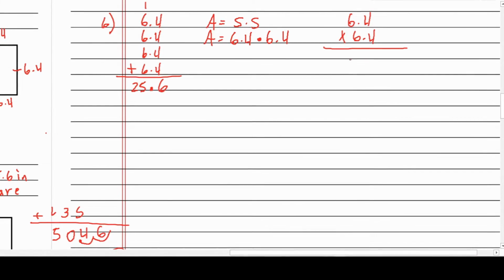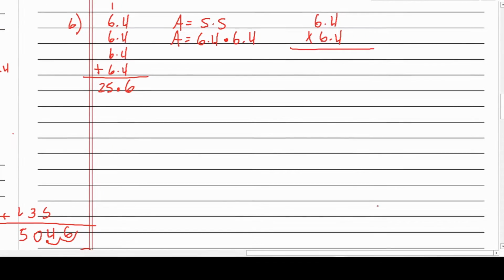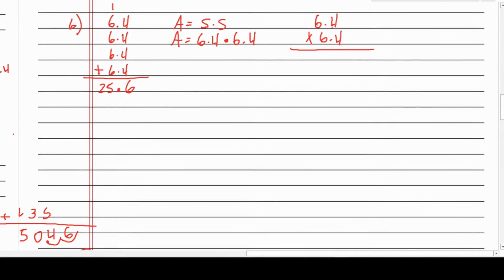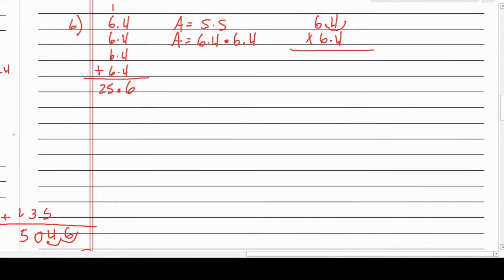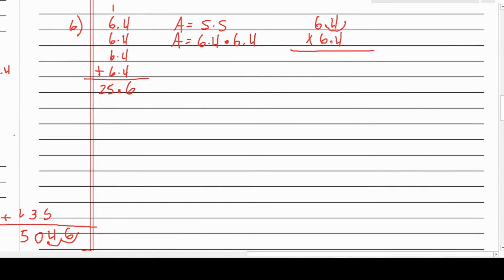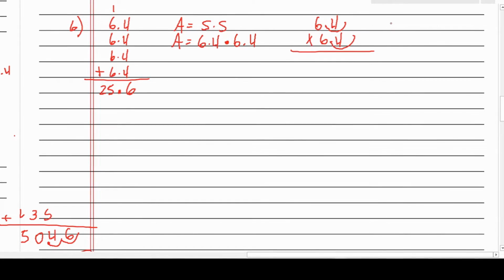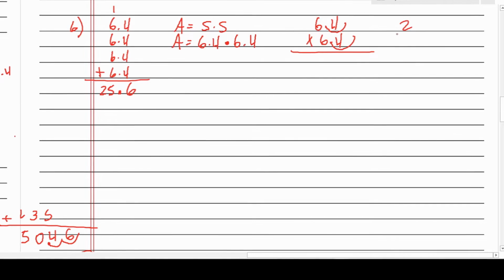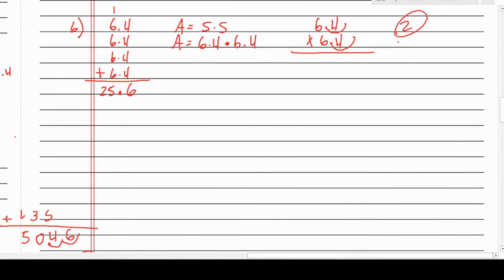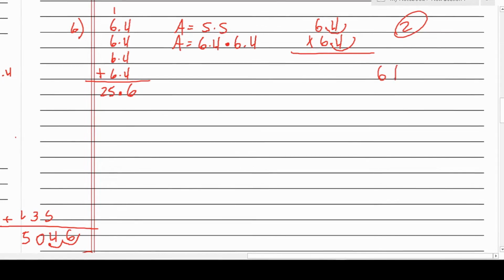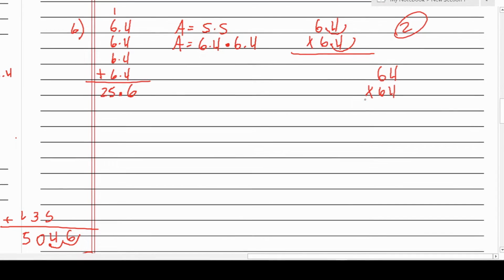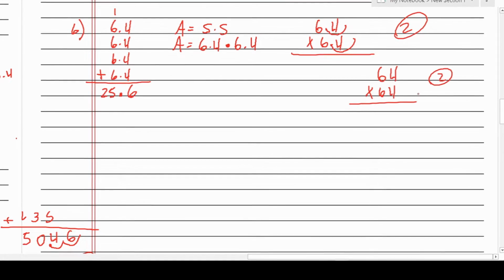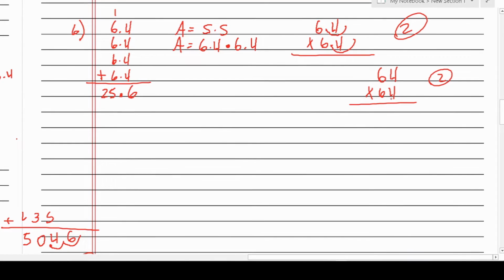That is, we're multiplying 2 decimals together. In order to do this, we're going to have to shift their decimals. I'm going to shift this decimal one place to make 64. And I'm going to do the same thing in the bottom as well. So I shift the decimal place a total of 2 times. So this is going to be 64 times 64, albeit with 2 decimals to shift to the left at the end.